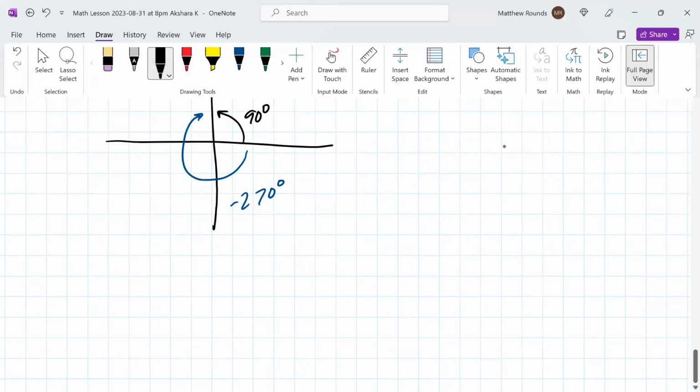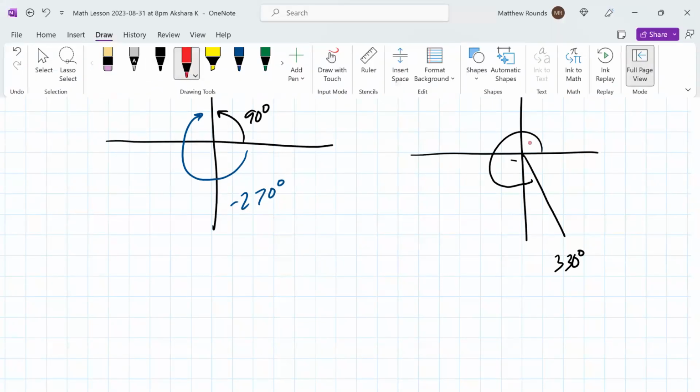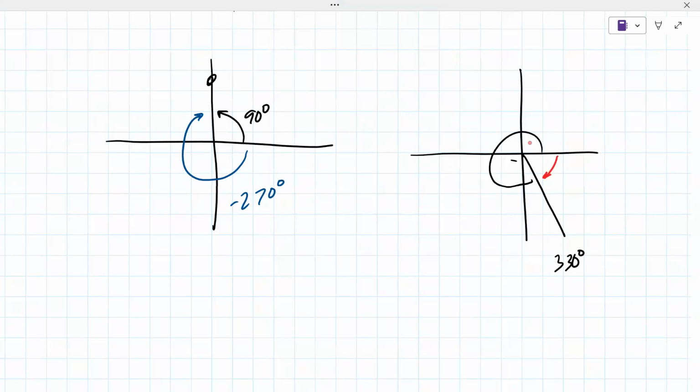Let's say it's 330 degrees to get there. How do you get there going negative? Negative 30, good. So the answer is you can always get there going the opposite direction.